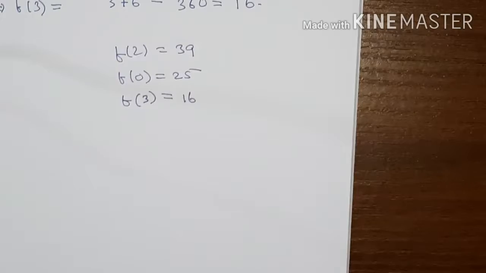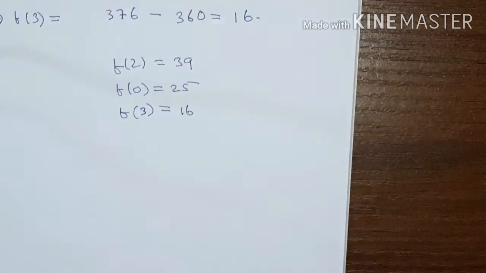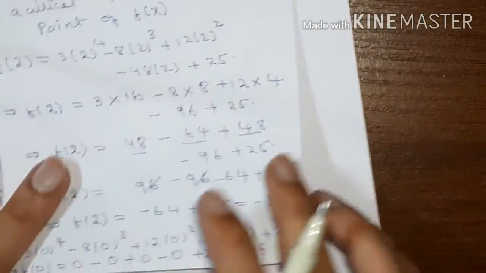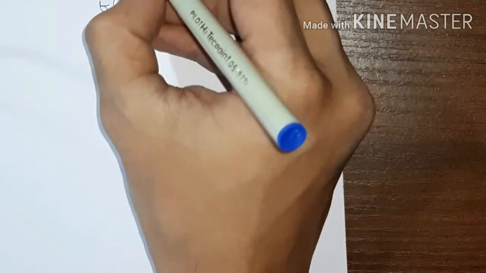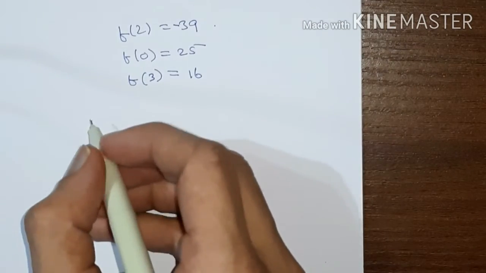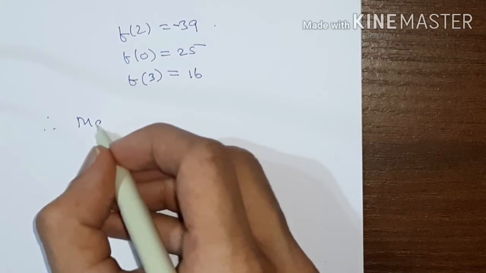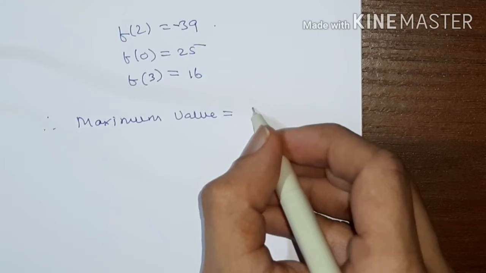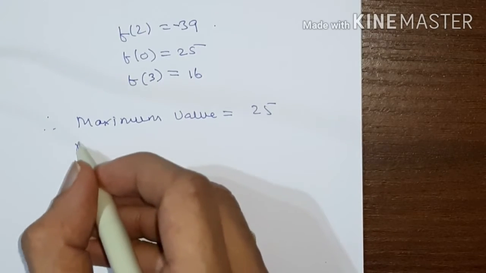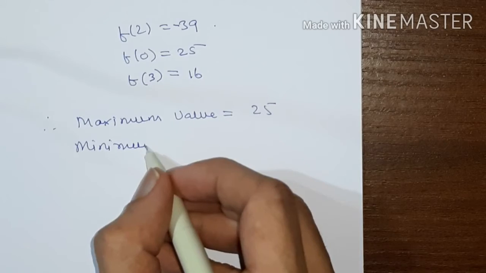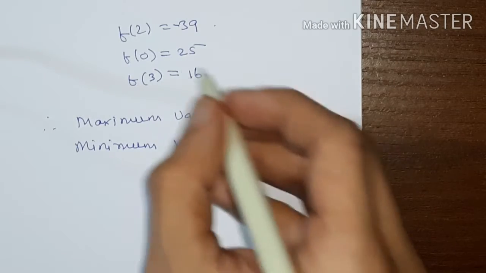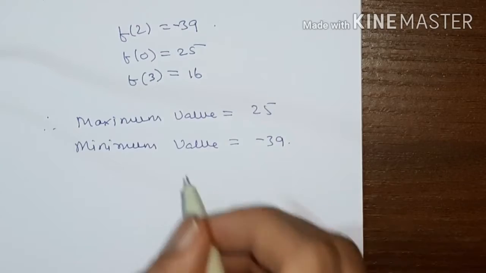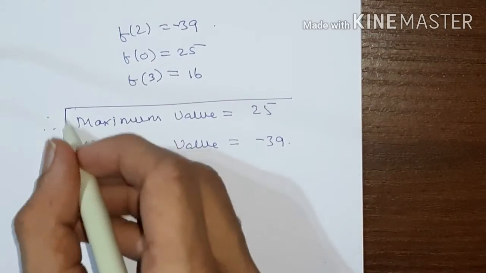Oh, this f of 2 was minus 39, as we have found out earlier. Therefore we can say that the maximum value is equal to 25, and the minimum value is equal to minus 39. So this is the answer.